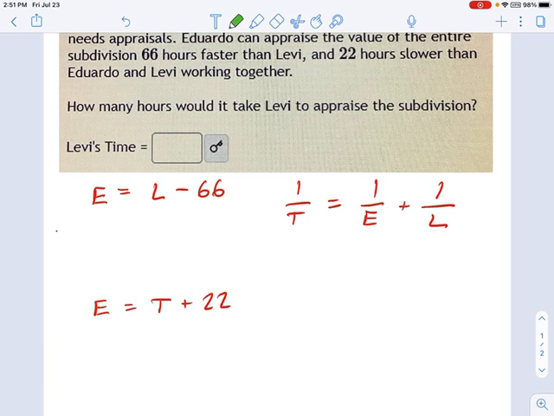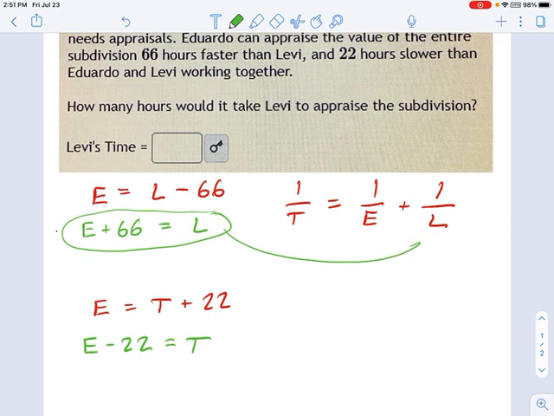If E equals L minus 66, then that means E plus 66 equals L. And likewise, if E equals T plus 22, then I can say E minus 22 equals T. So hopefully you see how those equations work. And now I'm going to plug in what I know into my work equation.